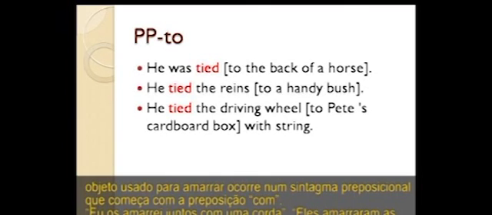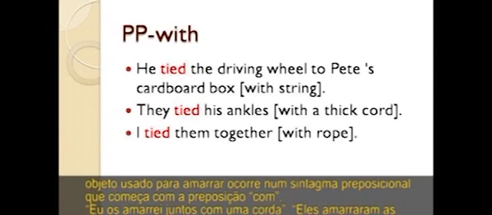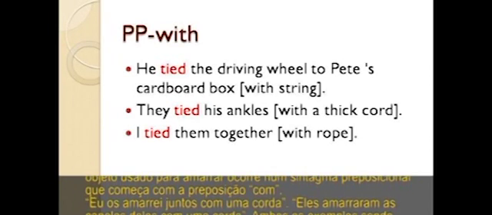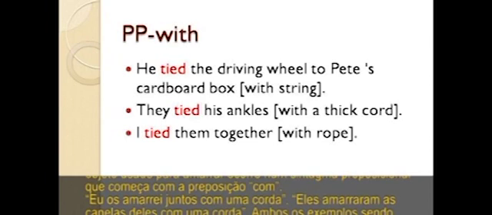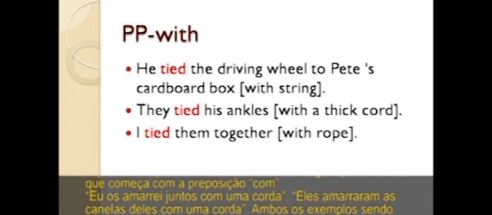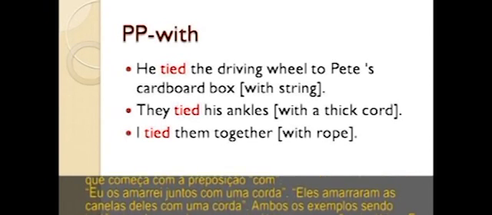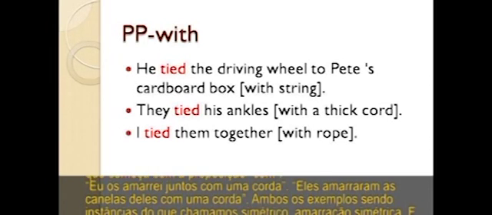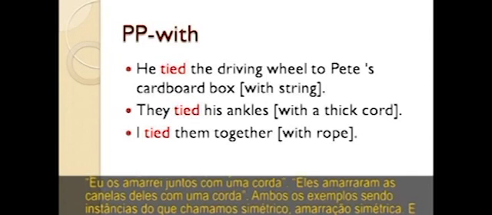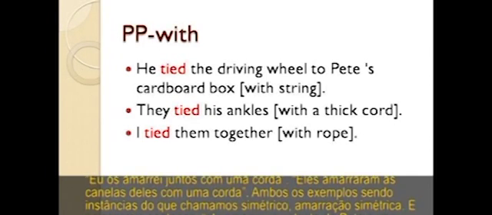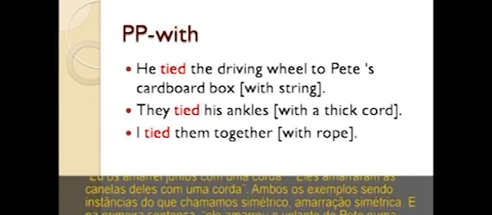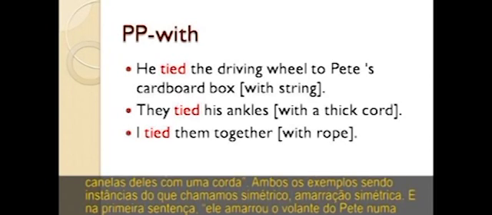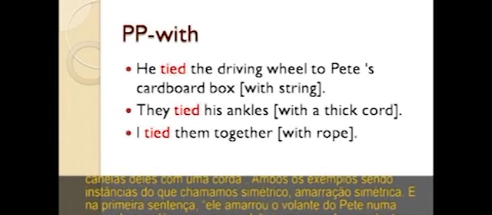Okay, we also noticed that an object used for tying occurs in a prepositional phrase that begins with the preposition with. I tied them together with a rope. They tied his ankles with a thick cord, right?